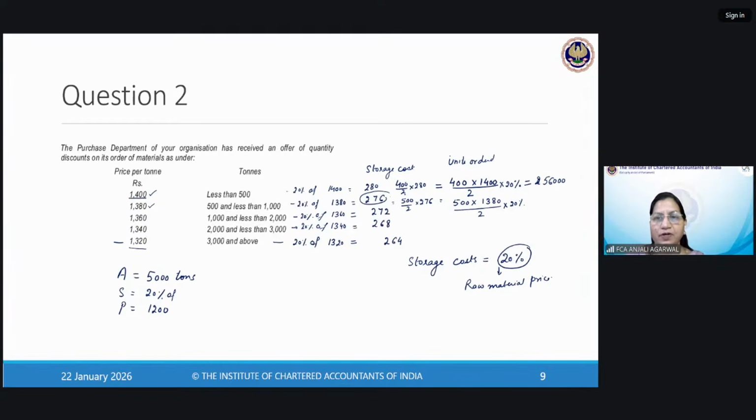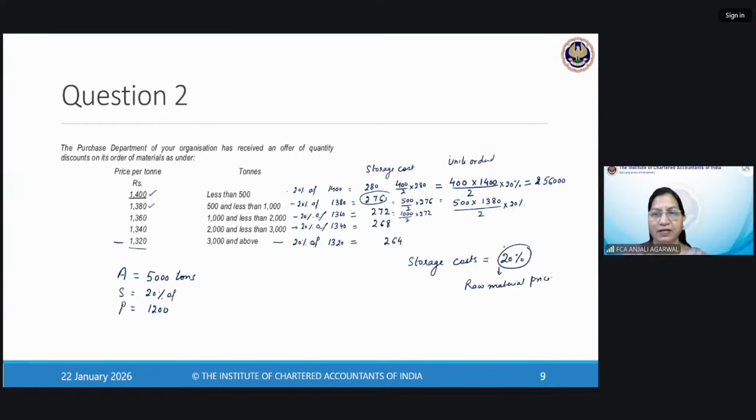On an average, 400 by 2 into 280. Less 500 to 1000, let's say 500 units ordered, 500 by 2, 250 units on an average into 276. 1000 units ordered, 1000 by 2 into 272, right?